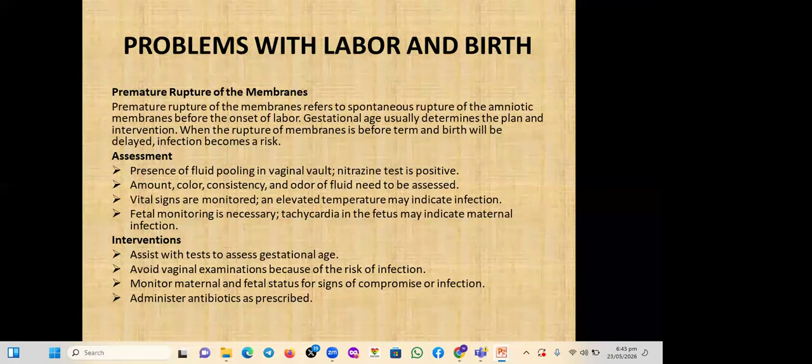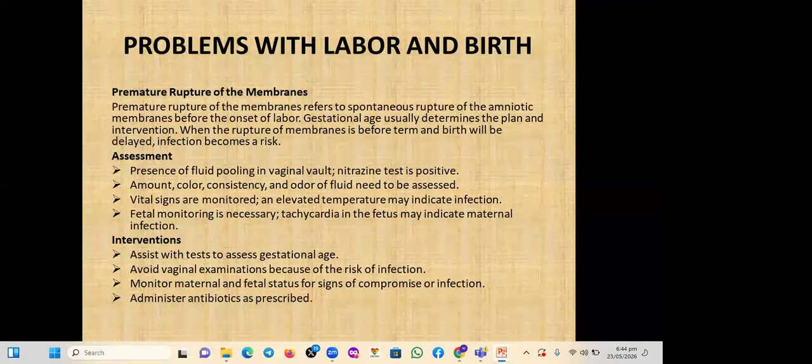So I said that the nitrazine test is done to determine if the fluid that is coming out is amniotic fluid. The nitrazine test is just like a litmus paper, which you use to test the acidity or alkalinity of the fluid. Okay. If you test, we know that vaginal fluid is acidic in nature, right? And so the pH should be less than 6.